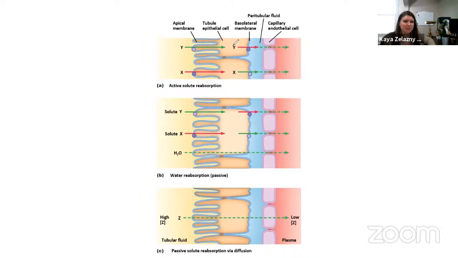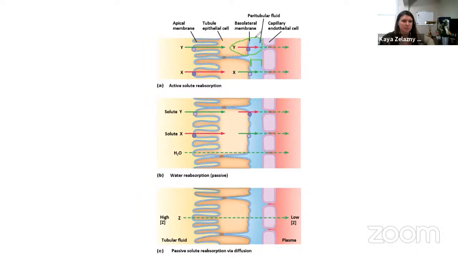So when we're talking about sodium, we're really talking about solute Y here. What's going on with sodium is that we have a sodium-potassium pump here on the basolateral membrane, which is the part that faces the peritubular fluid, which is the small space between the epithelium and our capillary endothelial cells.